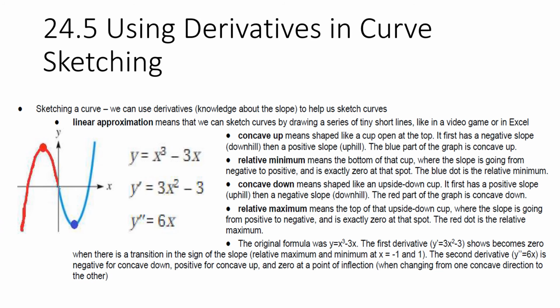We call that the point of inflection, where things were going like a mountain, and then suddenly they're turning into a valley. So these three formulas, the original formula, the first derivative, and the second derivative, help you go ahead and sketch any kind of curve.